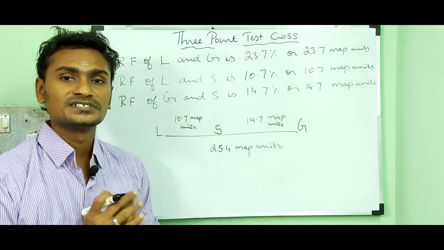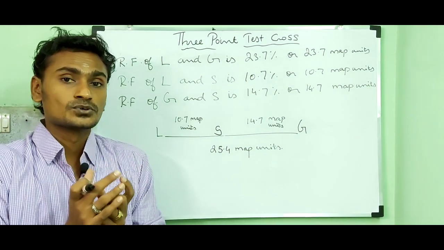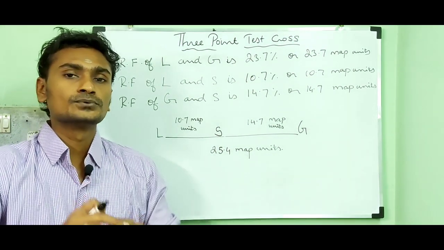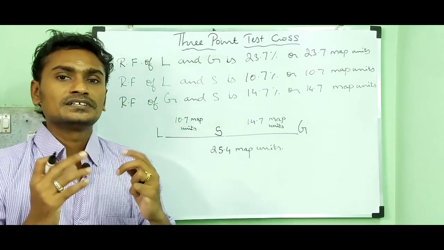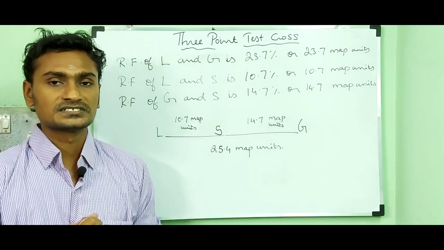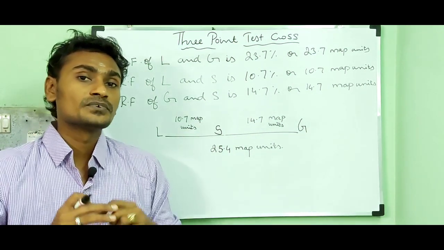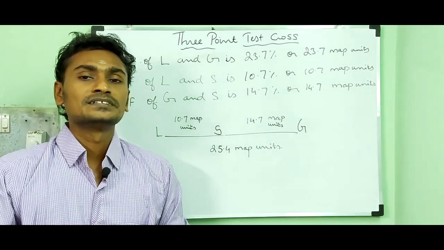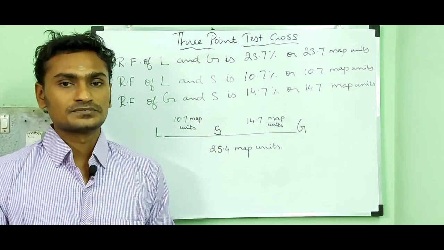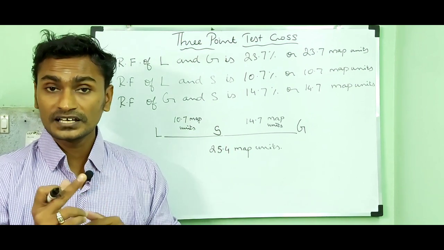How does it happen? Because during double crossover we fail to count the double crossover progenies, the double recombinants. We have to count those recombinants twice.